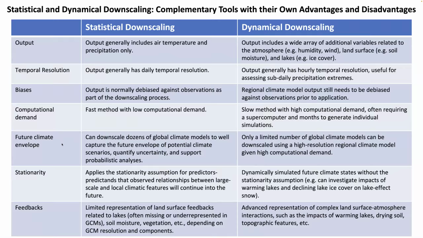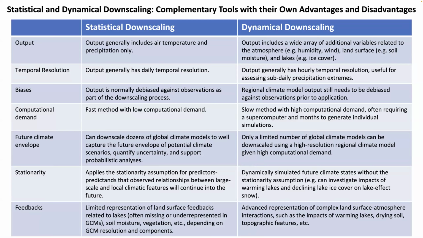In terms of the future envelope of climate, one of the strengths of statistical downscaling is that because it is fast and cheap, you can downscale lots of different climate models. And that's useful because climate models don't agree with each other on exactly where we're heading into the future. And so you can get a broad envelope of potential future climates, for example, quantify uncertainty and so forth.